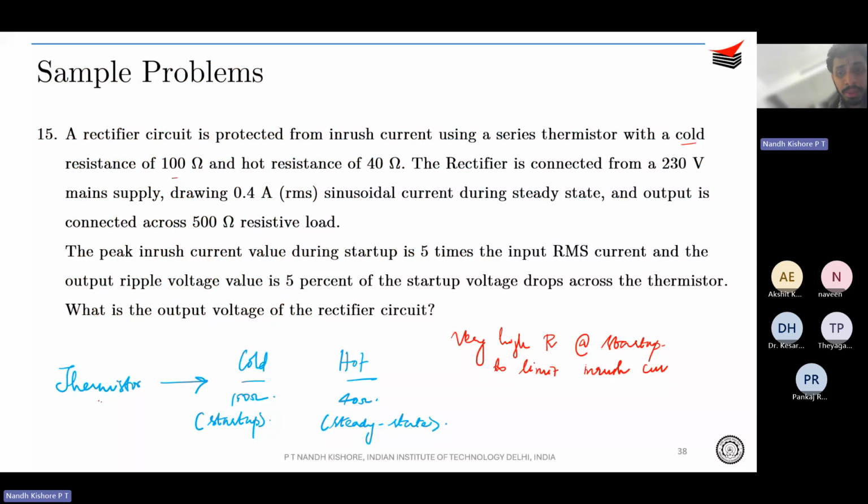Output voltage ripple is 5% of the startup voltage drop across the thermistor.